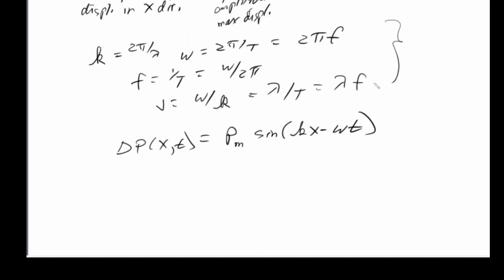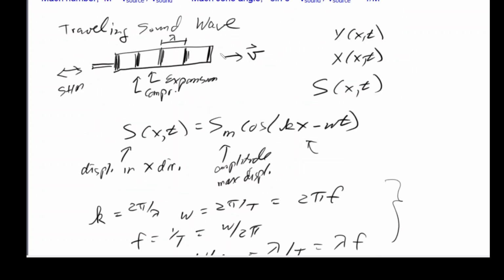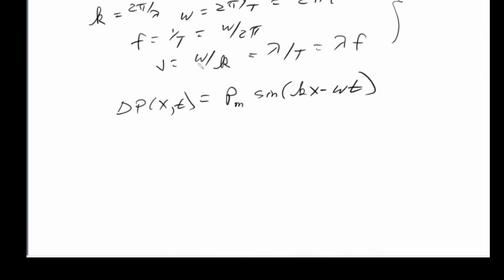Because as we've seen in this pipe, the pressure varies along the direction of the wave movement, and you can describe the wave in terms of those pressure differences. So in this equation, this is your change in pressure with respect to position and time, and this Pm is called your pressure amplitude, and that's your maximum pressure of the sound wave.